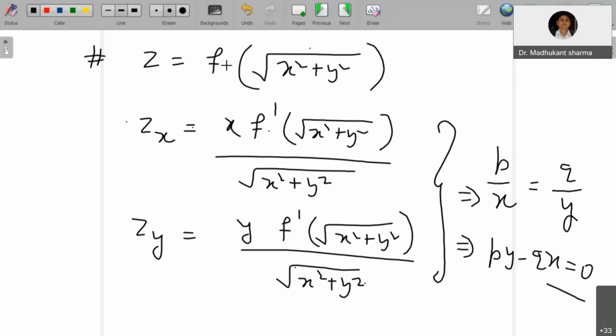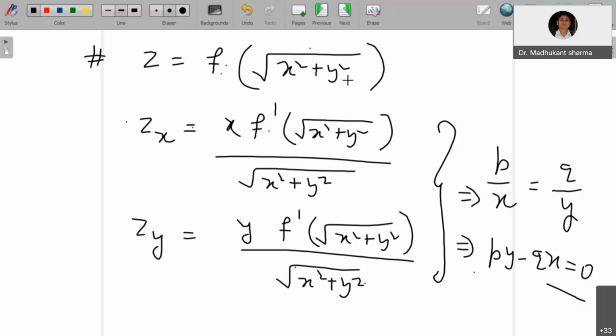So that gives an idea that if you work with a family which involves one arbitrary function, that will lead to a first order partial differential equation.